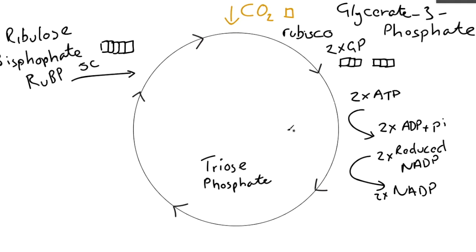So now we've got 2 times TP, and that is also 2 3 carbon molecules. Now what will happen is this TP will then move outwards and be transformed into the hexose sugar.